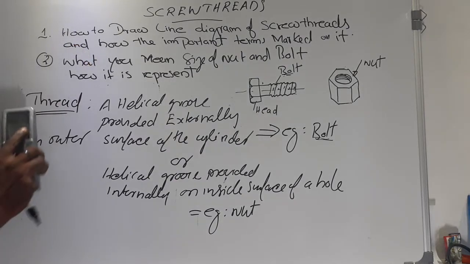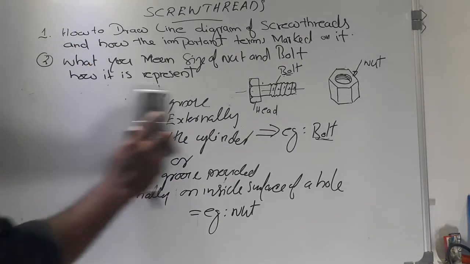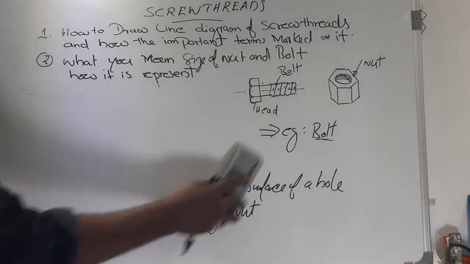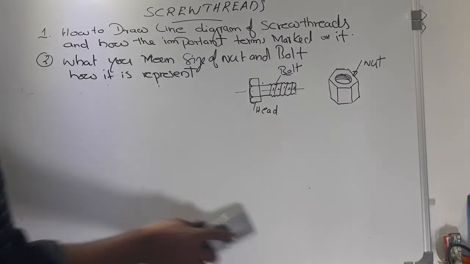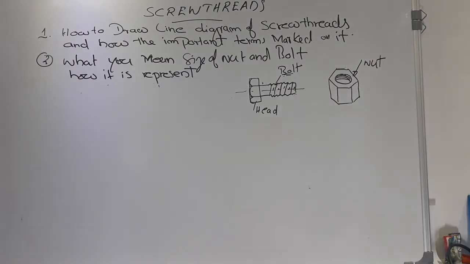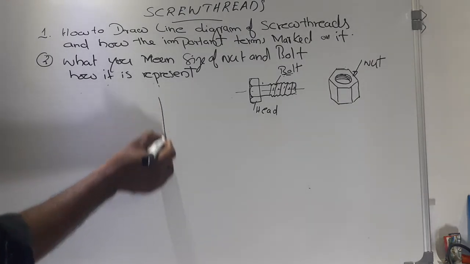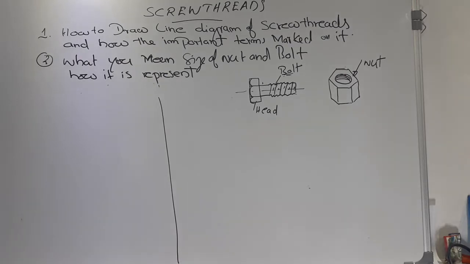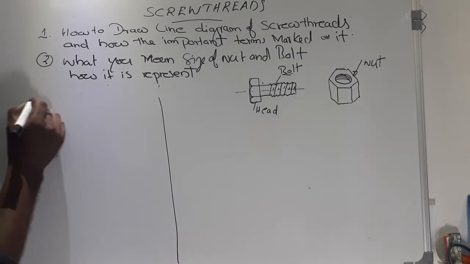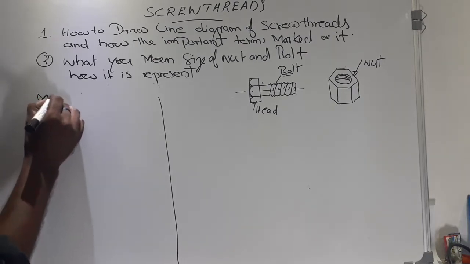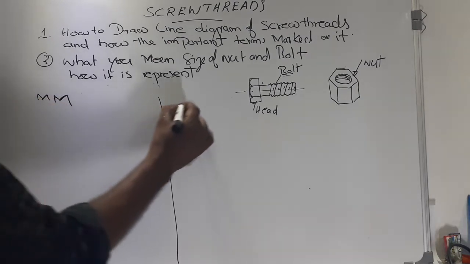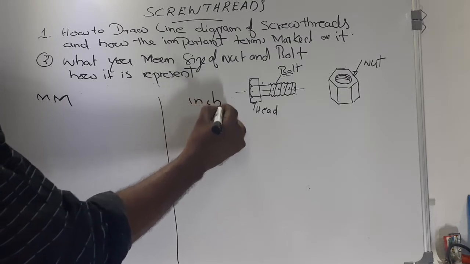Now, according to dimensions, how can they represent it? While we are cutting a thread, two types of dimensions are kept. First dimensions are millimeter dimensions and second one inch dimensions.